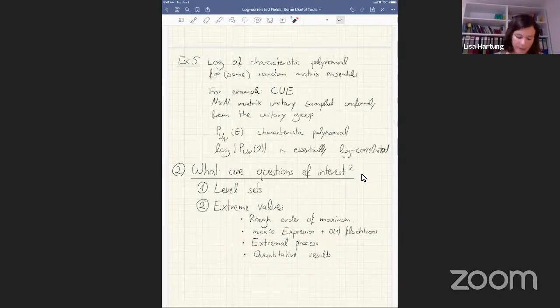A third set of questions I meant is the connection of log correlated fields to Gaussian multiplicative chaos. I will mention this in the following days only on the side, because Nathanael already gave a mini course this summer on this.